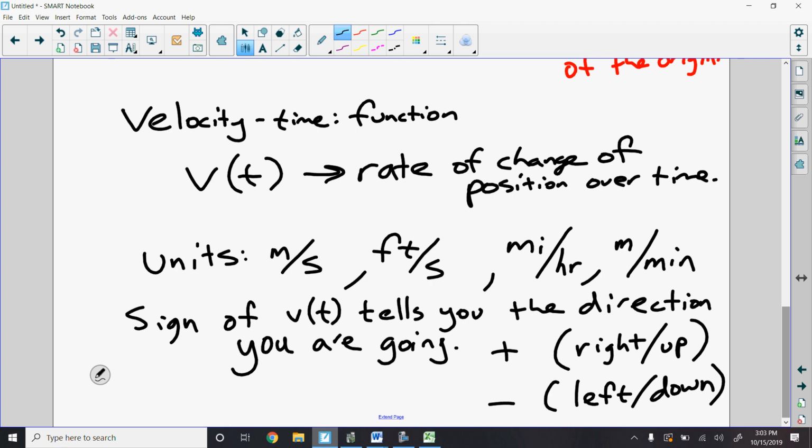So depending on the context of the problem, whether it's an object moving along the x-axis or the y-axis, usually it's the x-axis, but not always. A plus velocity is going to mean moving to the right. A minus velocity is moving to the left. If it's an up and down scenario, moving along the y-axis, then plus will mean up, minus will mean down.